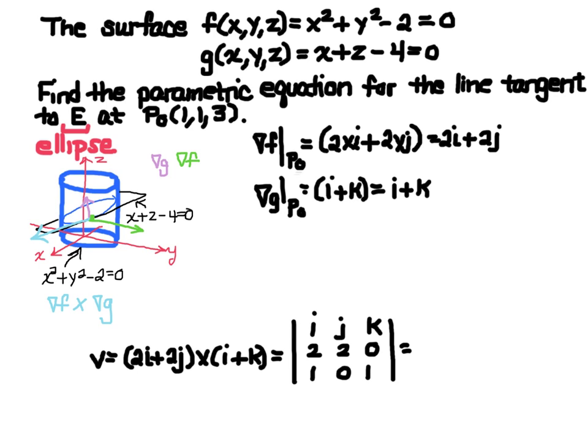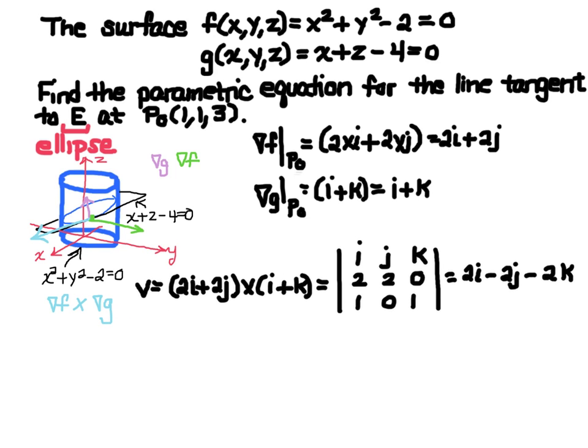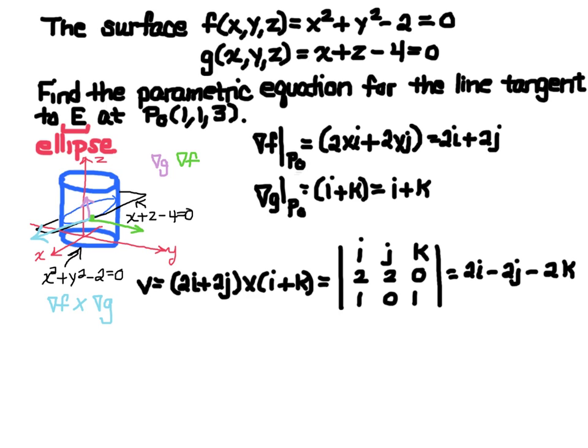And when we evaluate this, we can use diagonals. We get 2i minus 2j minus 2k. Now let's move that up here. So this 2i minus 2j minus 2k is the cross product of the gradient of f and the gradient of g, which is our blue line right here, and it is perpendicular to the gradient of g and the gradient vector f.